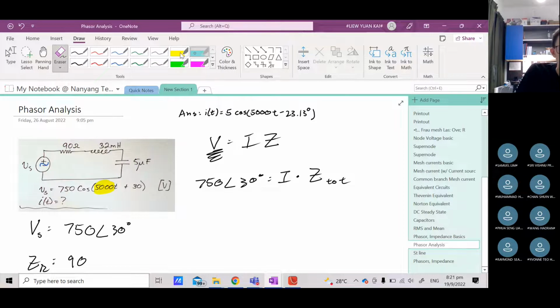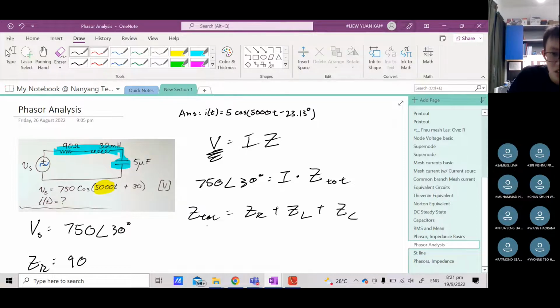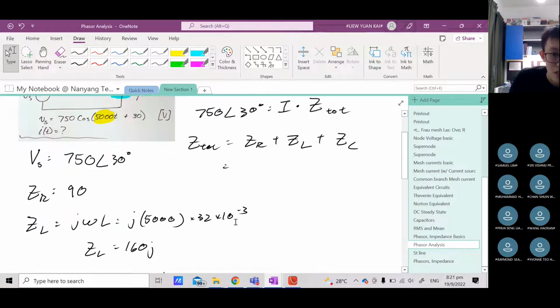Now, the question is, what is their arrangement? You see, their arrangement is in series. I hope you can see that they're all in series with each other. So to find the Z total, Z total is given by, first, the resistor, plus the inductor, plus the capacitor, which we've already found out from just now, right?